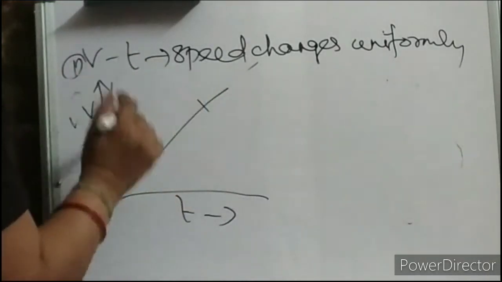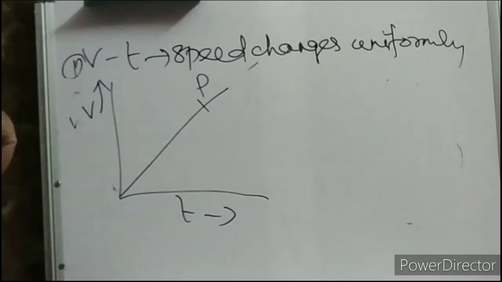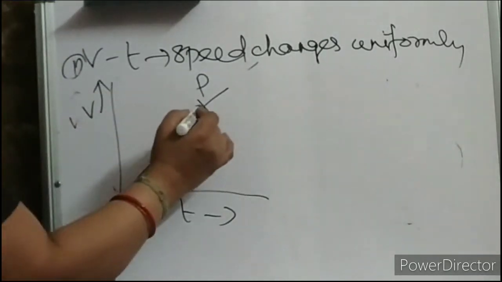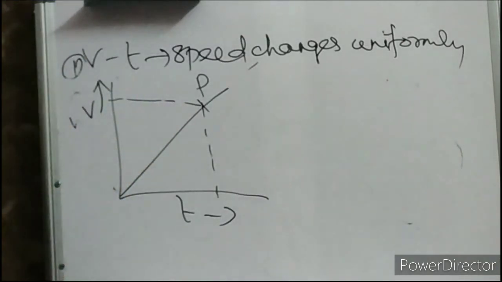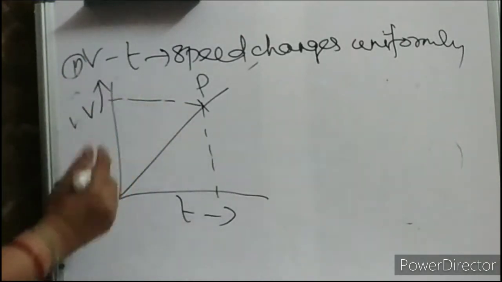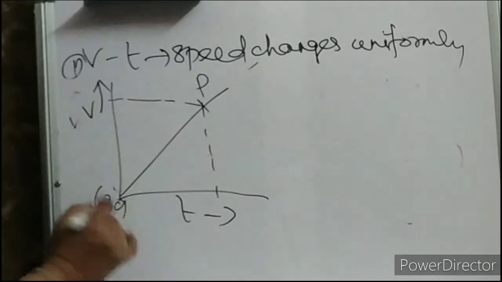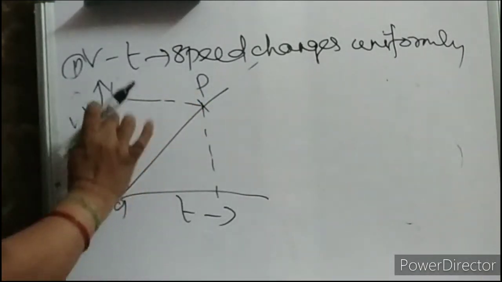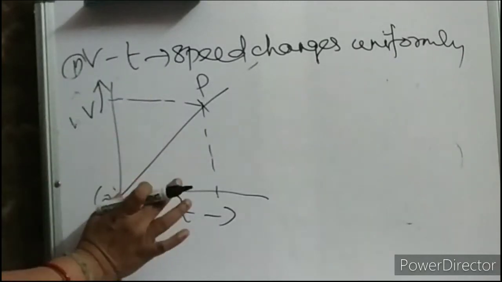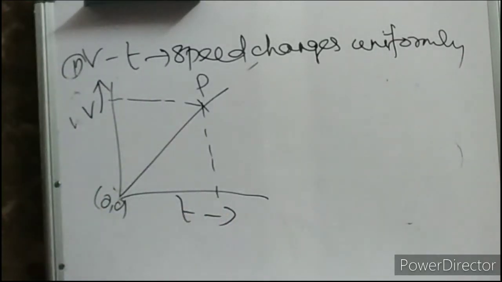Acceleration corresponding to this point, suppose P. Okay. Then what you will do? Drop the perpendicular like this and drop the perpendicular like this. So this is the 0 point, children. So this is the change in velocity for this point. From this to this is the change in velocity, and from this to this is change in time.